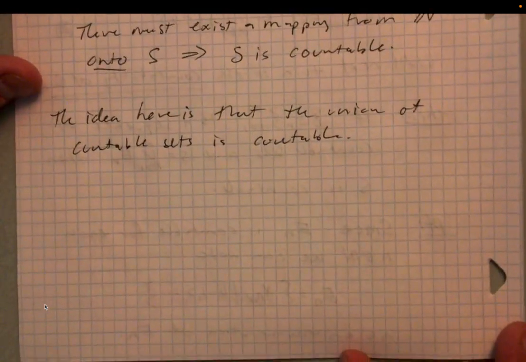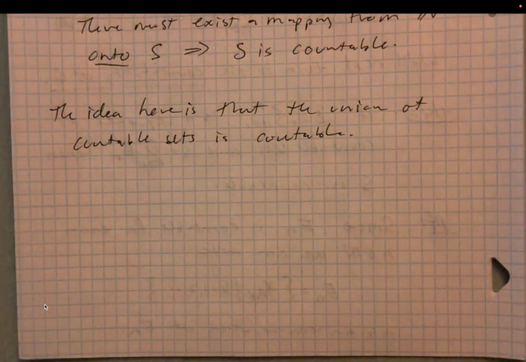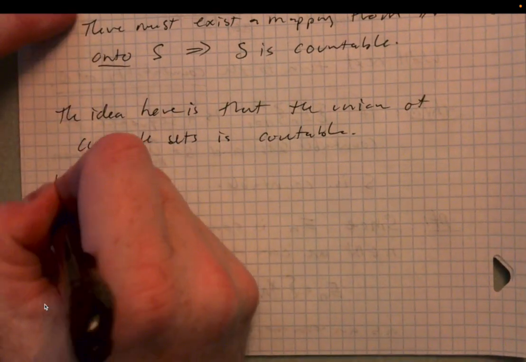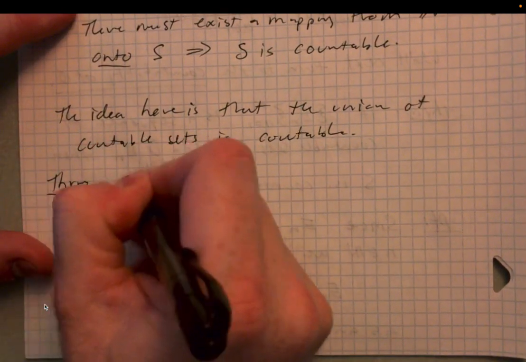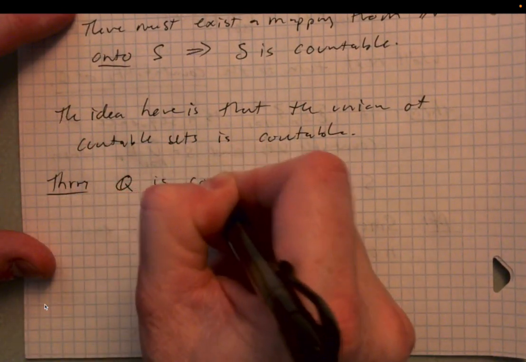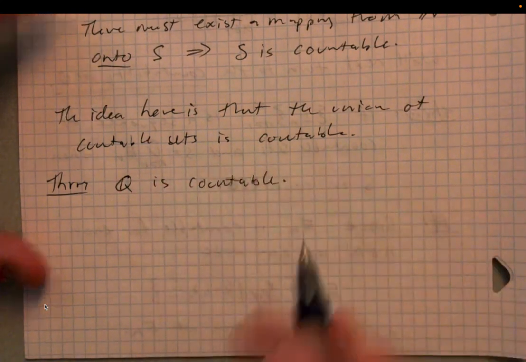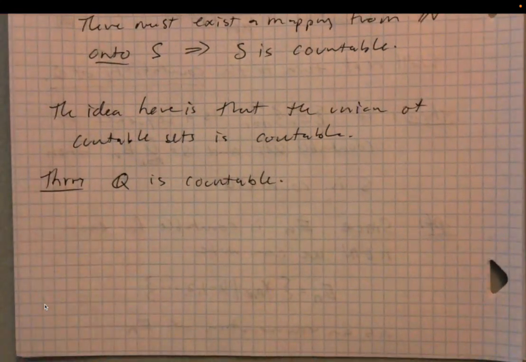Now, one of the big theorems here, the rational numbers are countable. Q is countable, right? Well, we've already seen that the integers are countable. We've seen that n cross n is countable. In a lot of ways, Q is like those. It's like them in the sense that when we're talking about rational numbers, we're not just talking about a single integer or a single natural number.